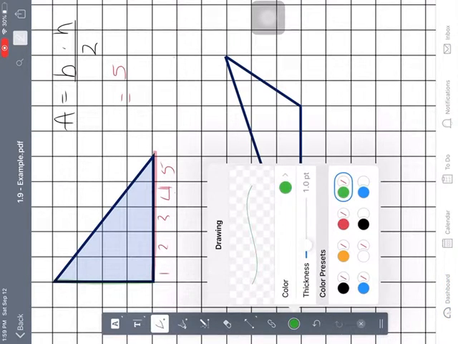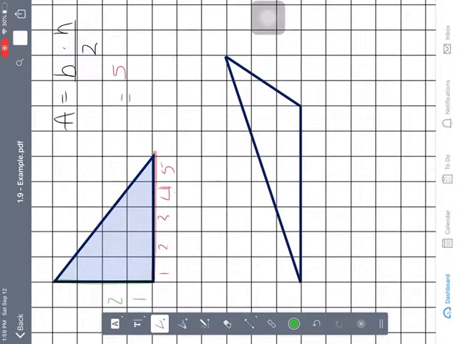Since I'm on a grid, I can just count 1, 2, 3, 4. That's the other half of my formula. So 5 times 4 divided by 2. 5 times 4 is 20 divided by 2, which will give me 10 units squared. So that is my final answer for that particular triangle.